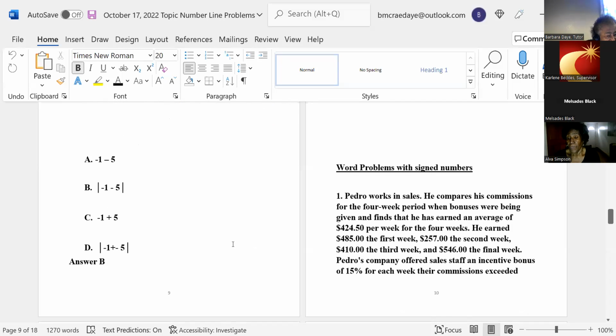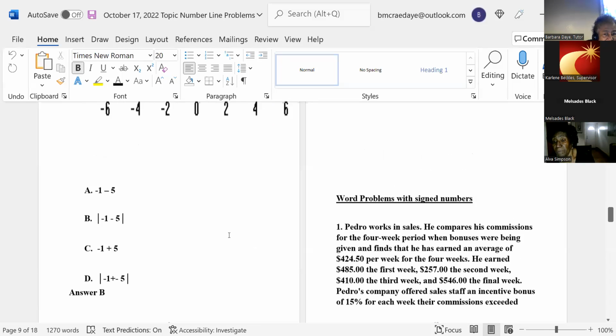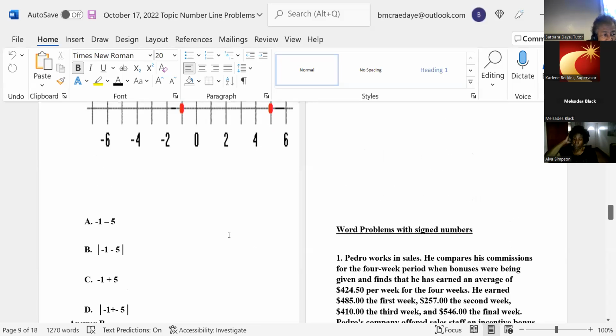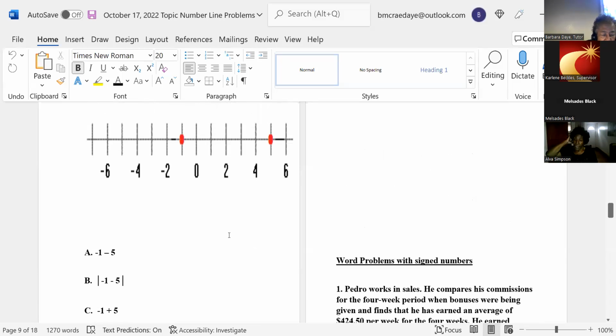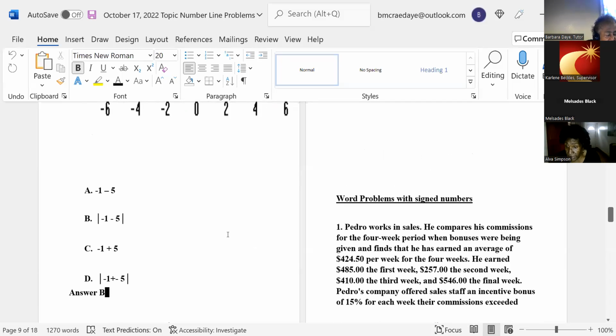You're doing really good. Now I've got one more to do here. Miss Barbara, why couldn't it be D because of absolute value too? Oh, because in D you don't do a plus.